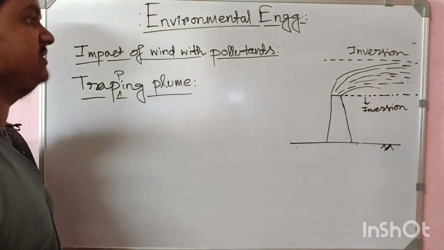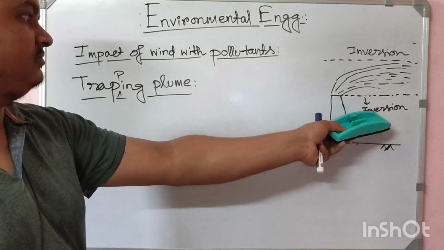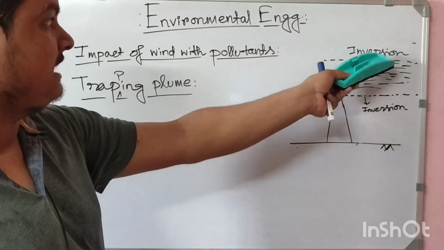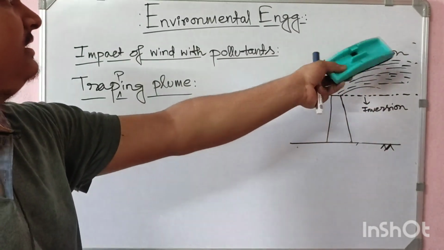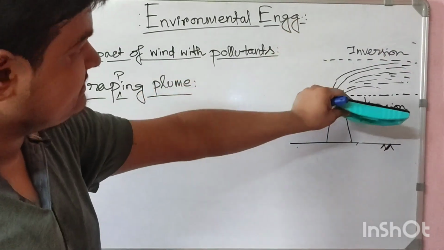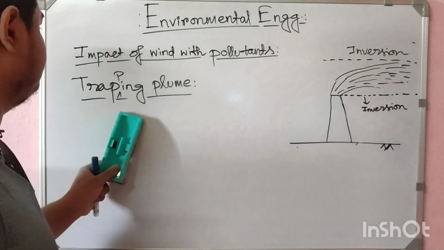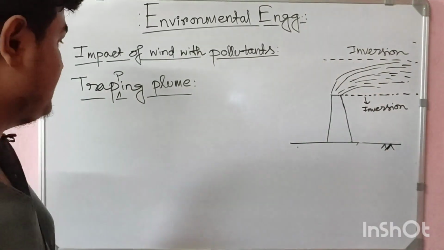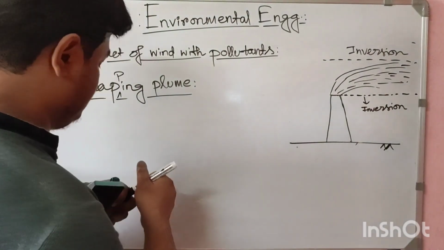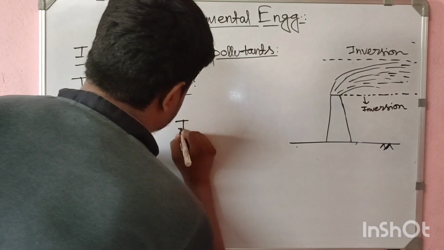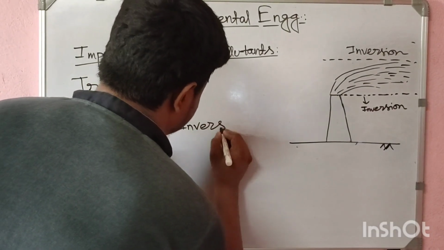You can see that because of the inversion near the ground and above the plume level, because of these two inversions, the plume gets trapped. That's why this plume is called the trapping plume, and this happens because of inversion.